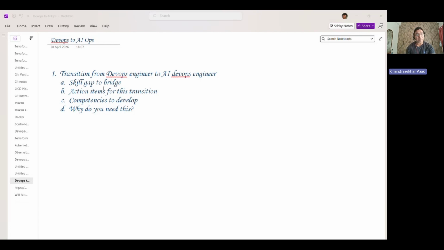You need to have understanding of models, prompts, and what all are the tokens and how the tokens are getting used in these models. You need to understand generative AI concepts, LLMs, prompt engineering, tools such as Ollama, Hugging Face, and how these things serve various types of models.